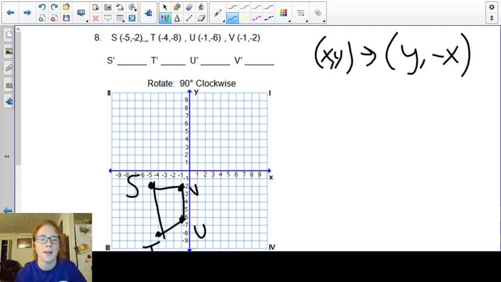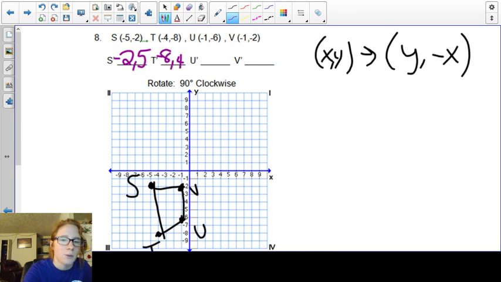So when we rotate 90, we're going to use my formula. My y stays the same, so I'm going to have -2, and then the opposite of what my x was, so 5. So -2, 5.